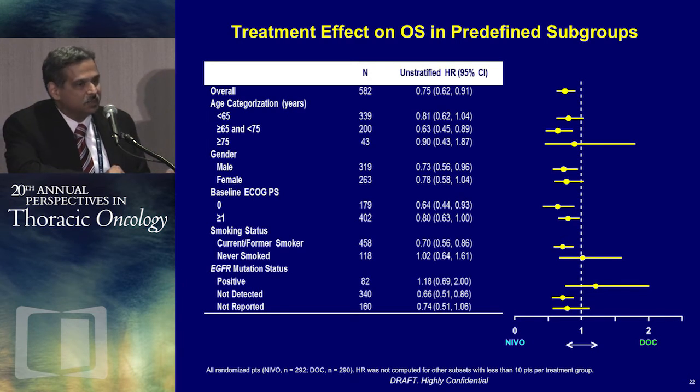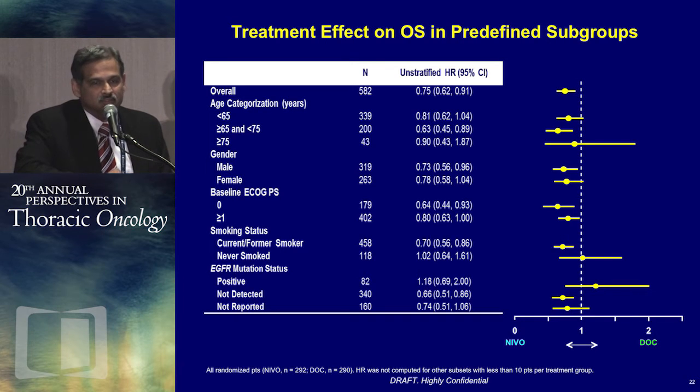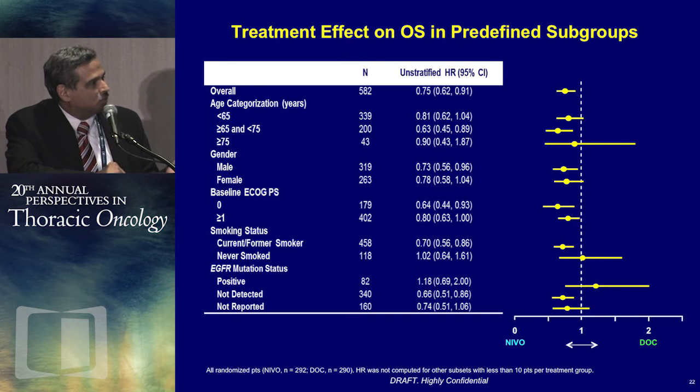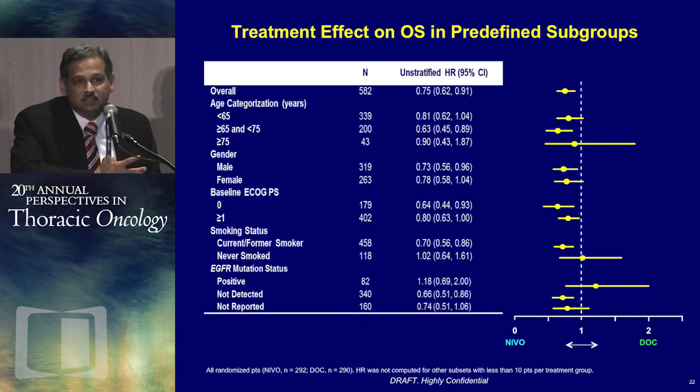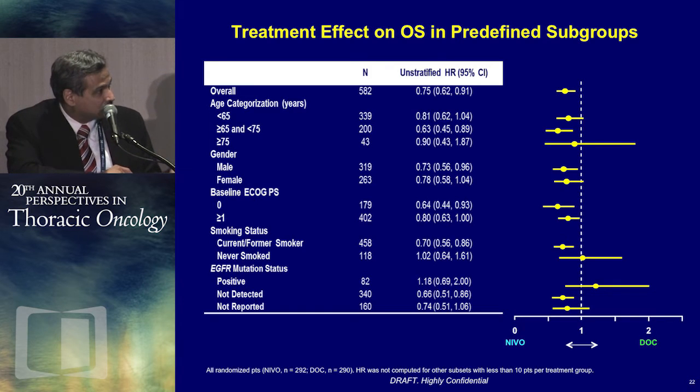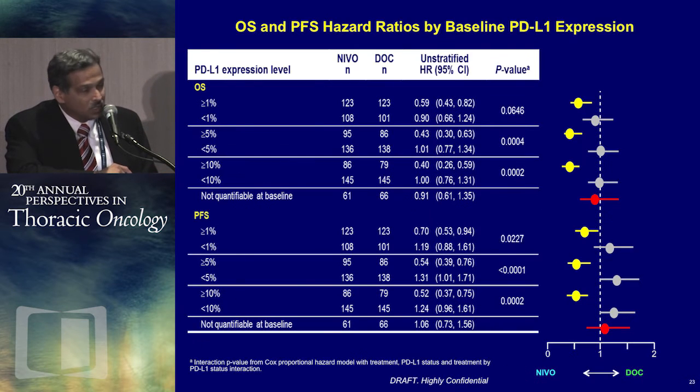Also, in patients who are EGFR mutation positive, the trend was actually in favor of docetaxel in terms of overall survival compared to nivo. I don't want to give the sense that these drugs would not work at all in never smokers or patients with EGFR mutation, but clearly the efficacy seems to be less, and I'll come to this issue later.